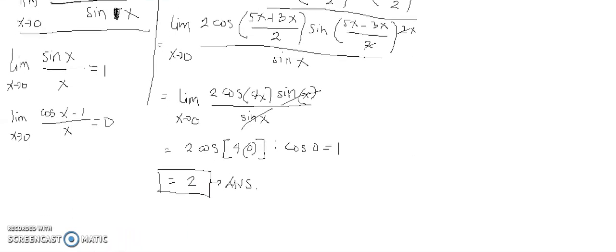Okay, so next item is if we have the limit of cosine (x plus c) minus cosine (x minus c) divided by x as x approaches 0.